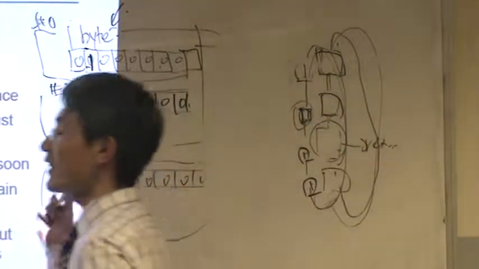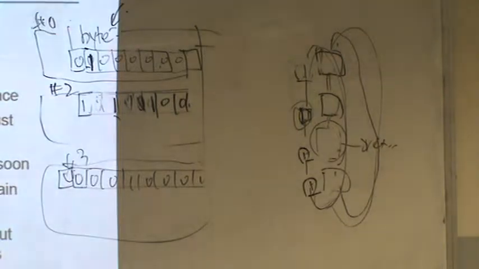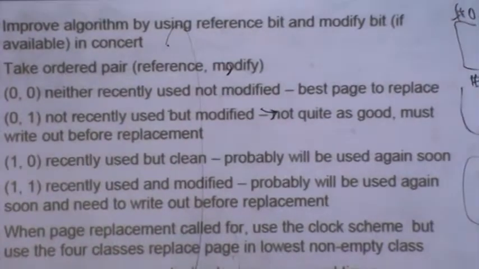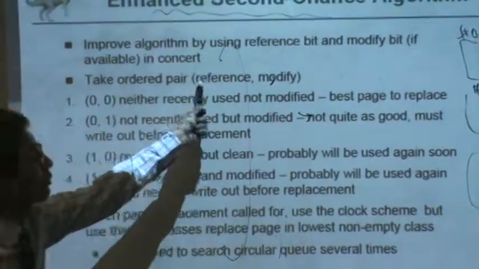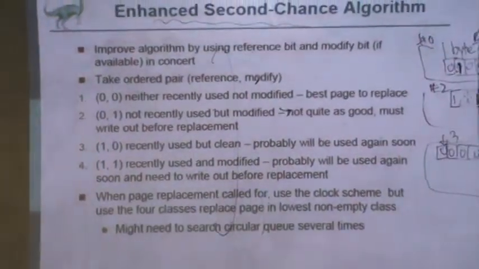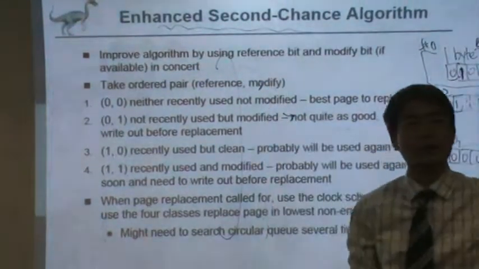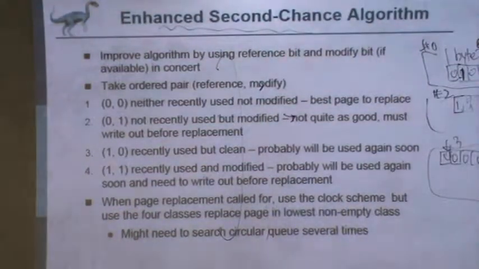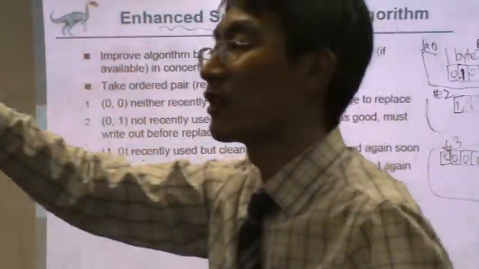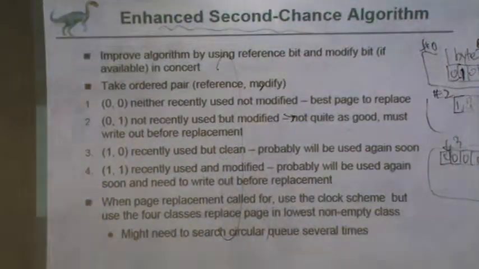Then we can enhance this with another bit. The other bit is the dirty bit. We use the reference bit and the dirty bit, also called the modify bit. Sometimes a page in memory, a page frame, can be modified. Using a move instruction, the CPU moves the register information to the memory.